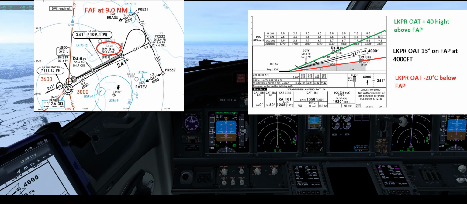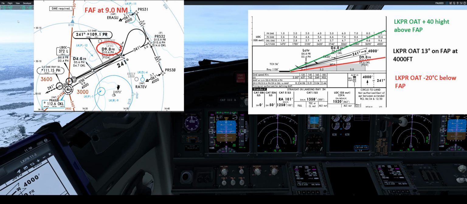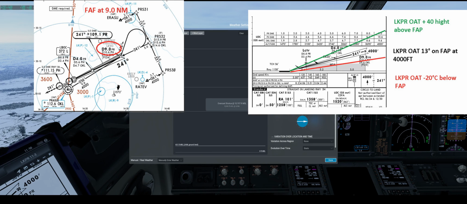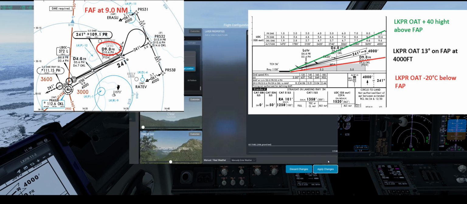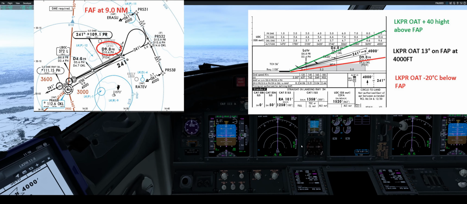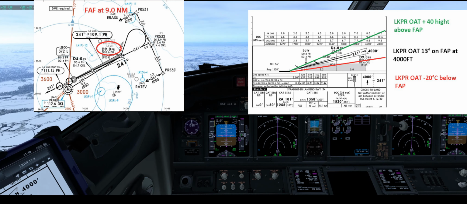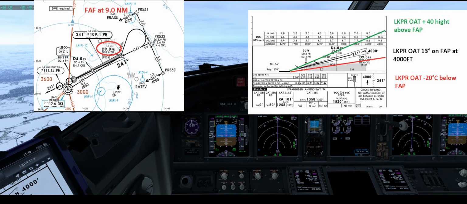I will maybe just press pause and make sure of the configuration, that we have minus 18. Okay, so let's say minus 20 degrees centigrade. That's quite fine. So we apply the changes and we can continue. We are ensured that we have minus 20 degrees centigrade at Prague airport.